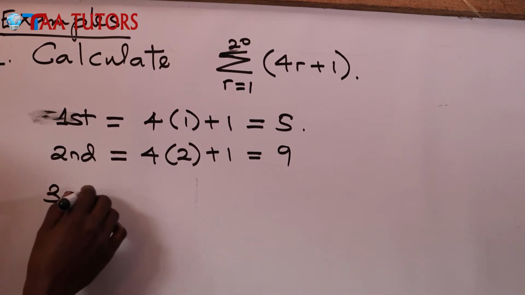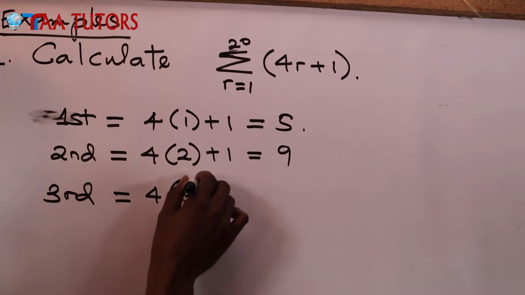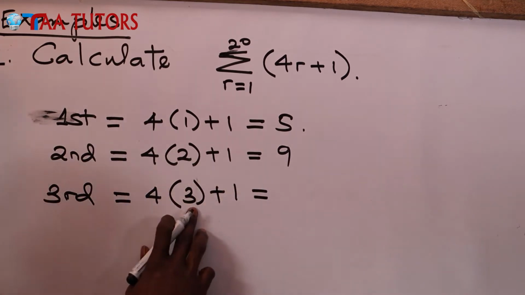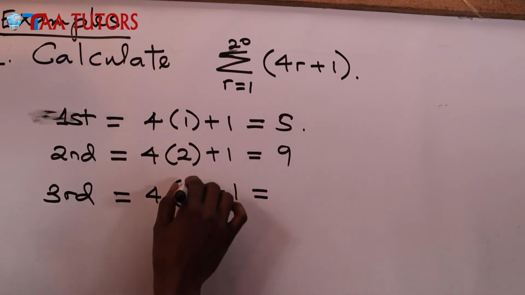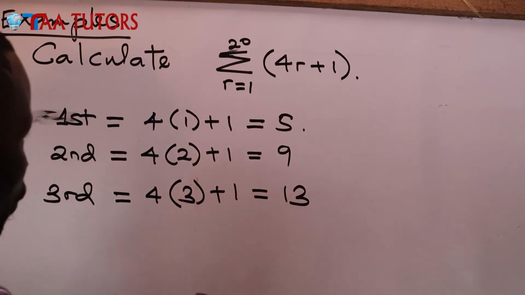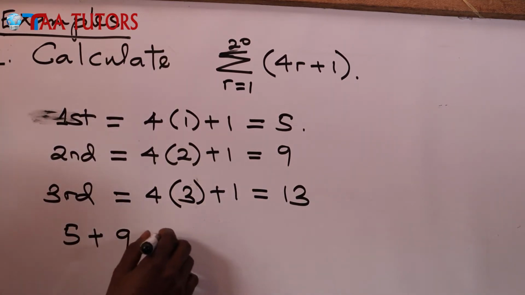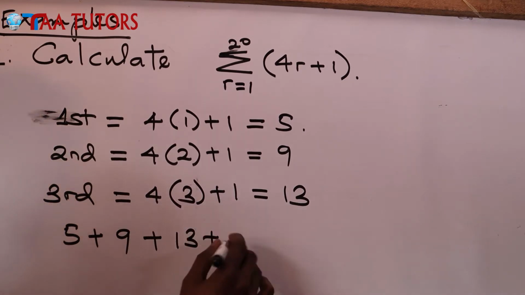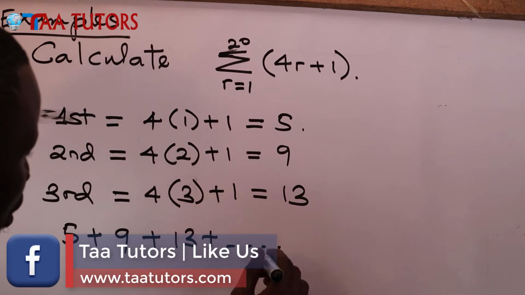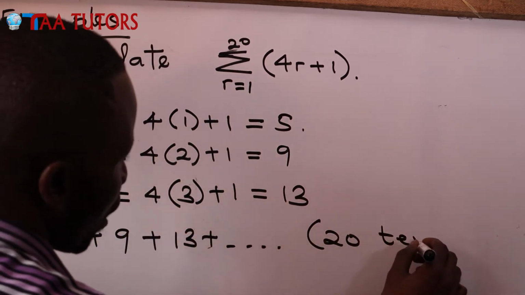The third term will be 4 into 3 plus 1, which will be 4 times 3 is 12, plus 1 is 13. So we realize that the terms are 5 plus 9 plus 13 plus, it continues up to 20 terms.